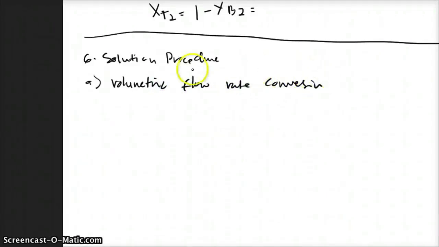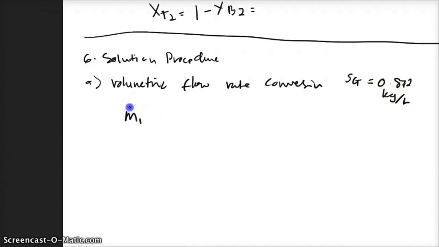And then, since the specific gravity is 0.872 kilogram per liter, so we can use that to find the M1.